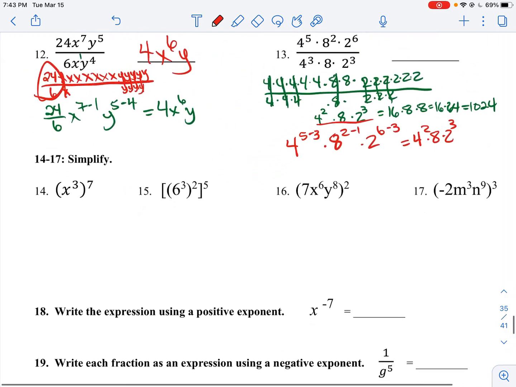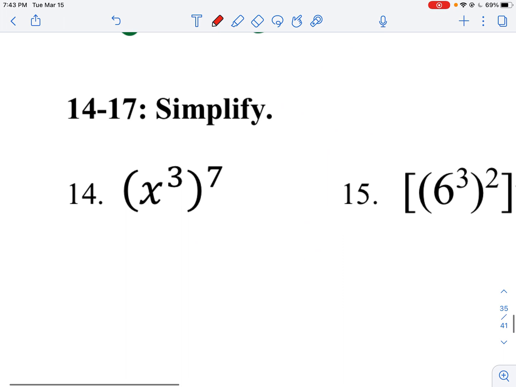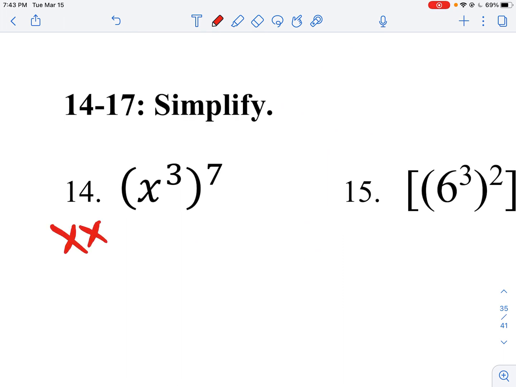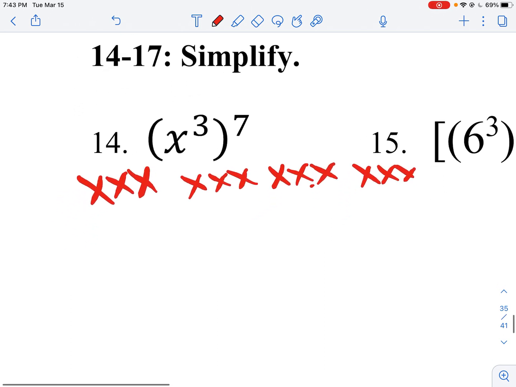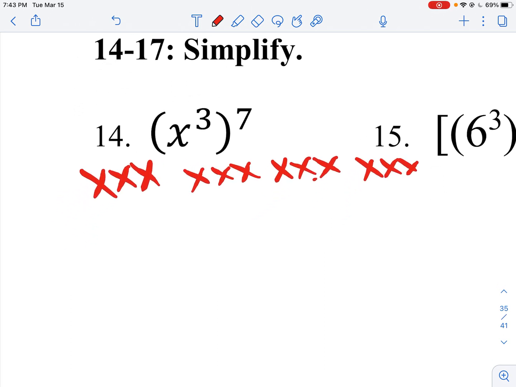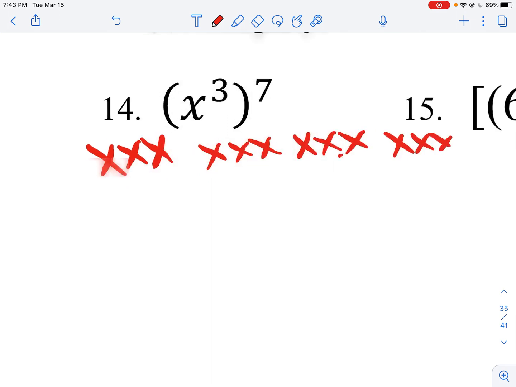Okay, I believe, yep. Simplify. I should have written, that's okay, I'm going to come down here.